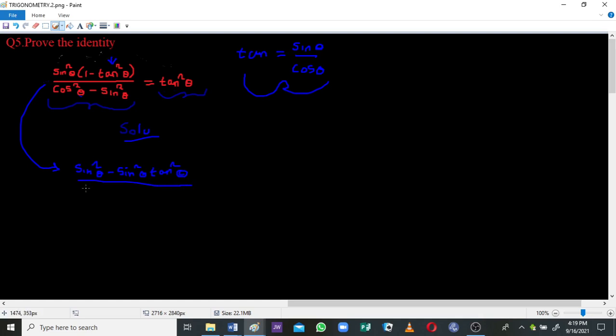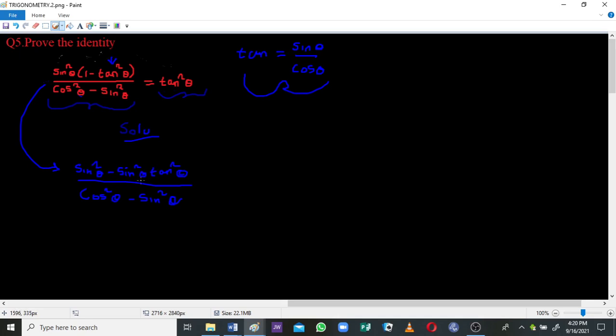Now the denominator is just going to be the same. We have cos squared theta minus sin squared theta, right? Now we can see that in the numerator, both sides of the negative operation have sin squared theta.